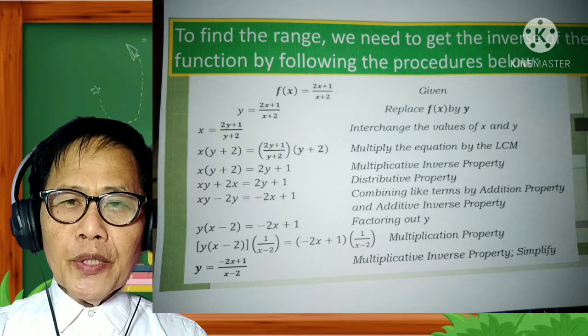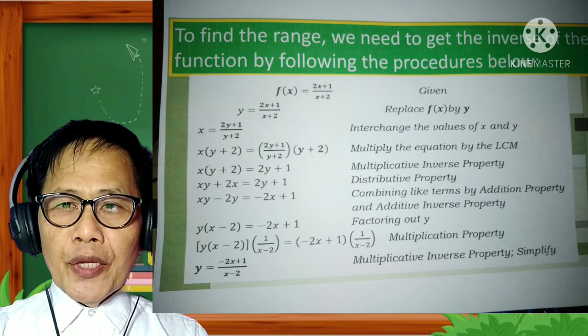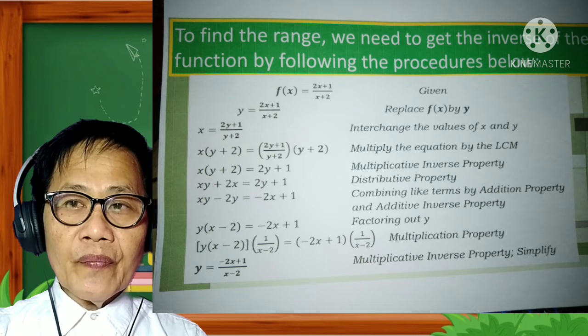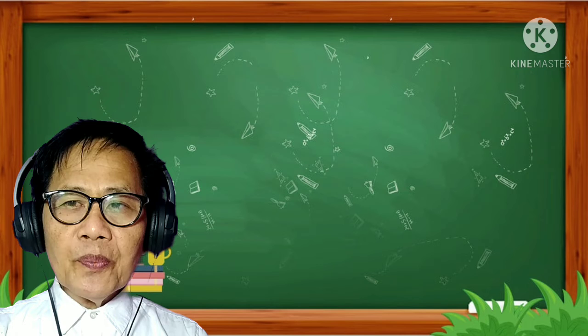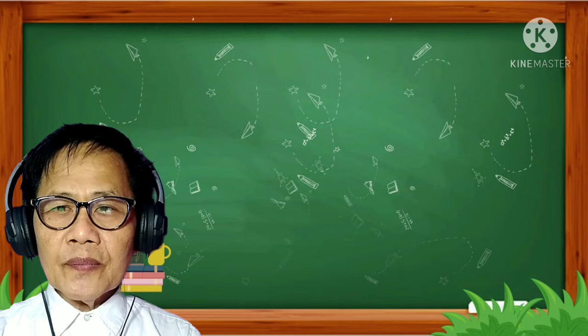By inspection, the inverse has limitation 2. The denominator x minus 2 must not be equal to 0. This restriction applies to the possible outputs or range of the original function.